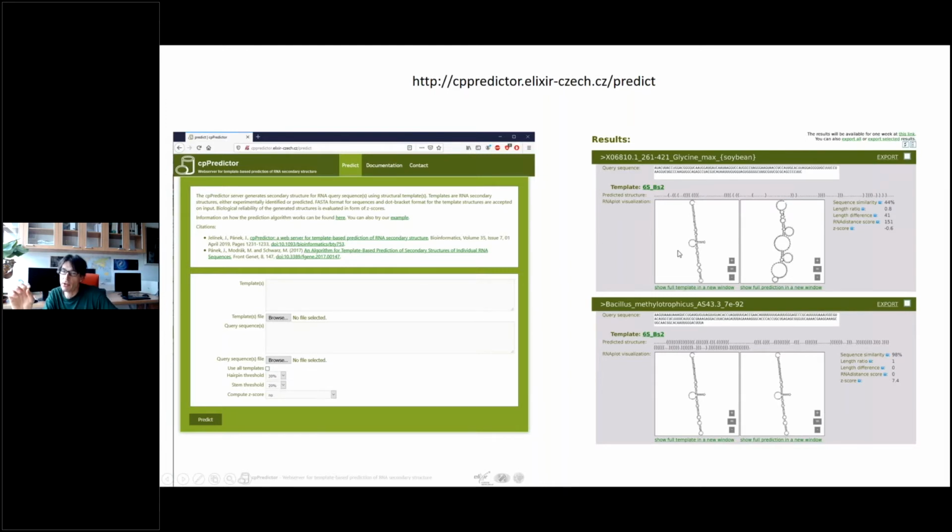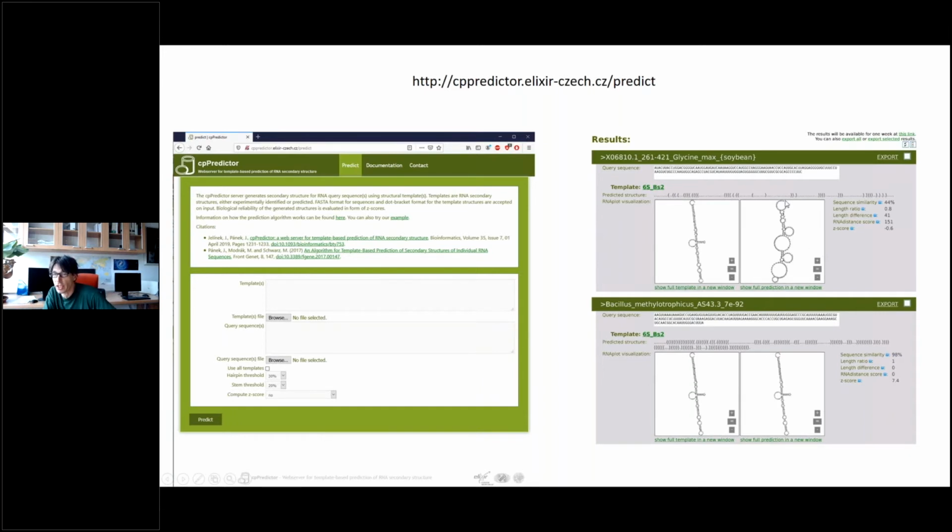And this is an example of prediction for homologous molecules and non-homologous molecules. The upper part shows non-homologous molecules, where using this template, the structure of an RNA that comes from evolutionarily distant organisms, with a different function, different structure, and also dissimilar sequence, is predicted.